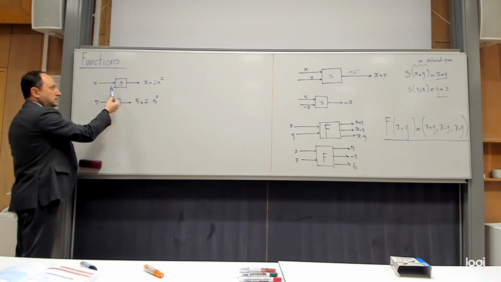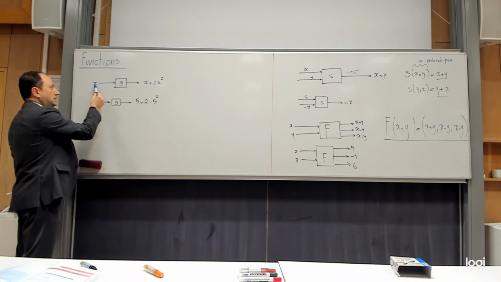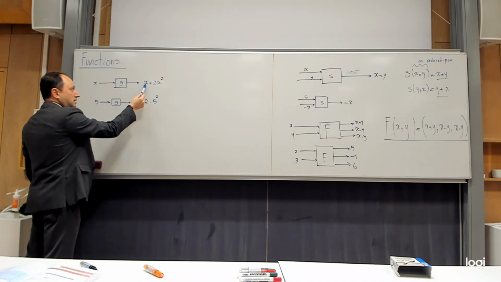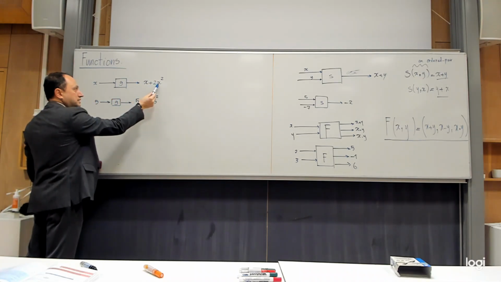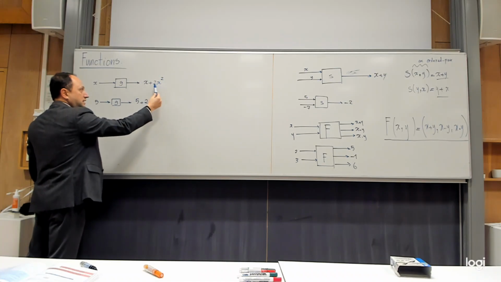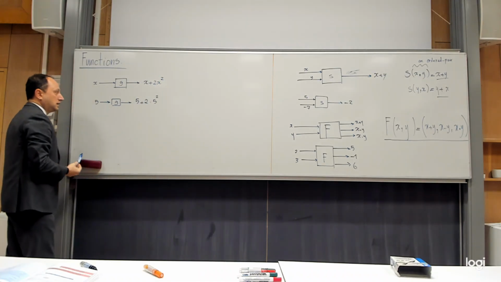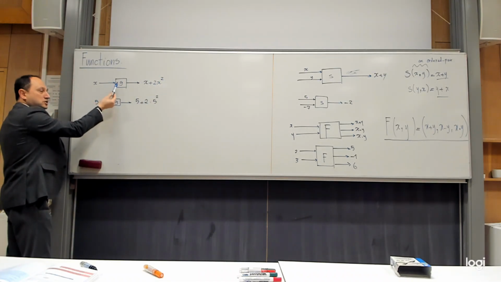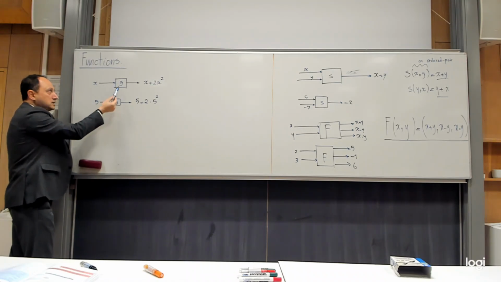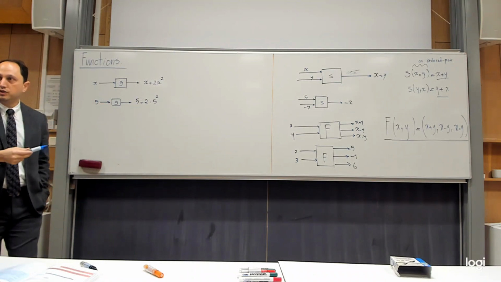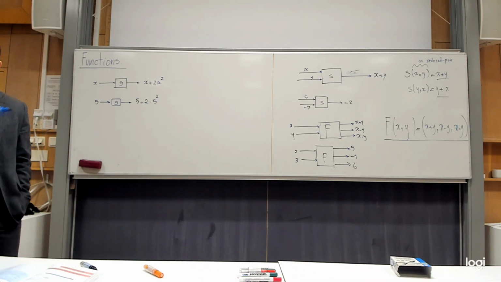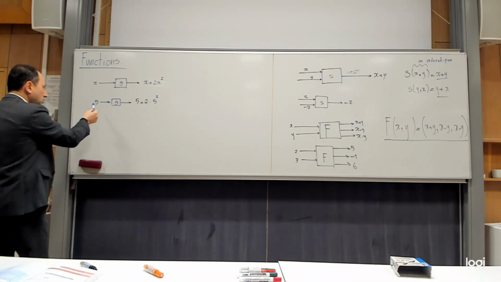This function is an operator so that when you give a number to it called x, it will take that number, add it to 2 times its square, and whatever it is, it gives you as the output. And now you are feeding the same machine with 5. This machine is the same machine, so it will do the same process on every input that you put in, including 5.